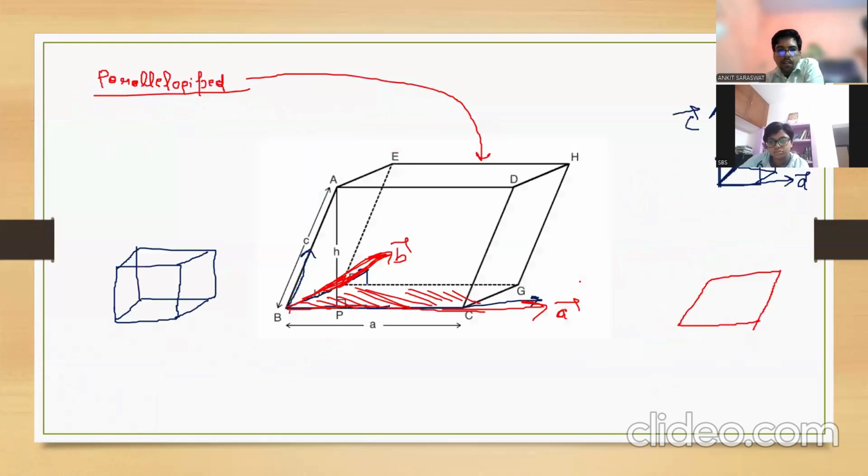If you look carefully, this C is making a certain angle theta, and this is also theta. If you apply this triangle, you get this triangle BPA.